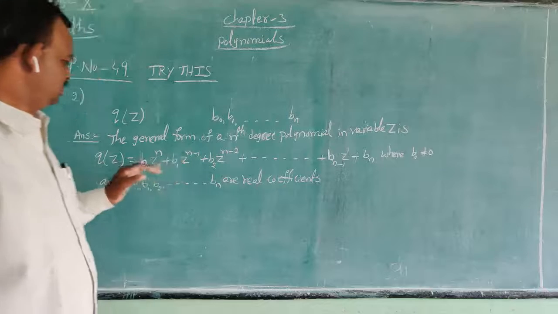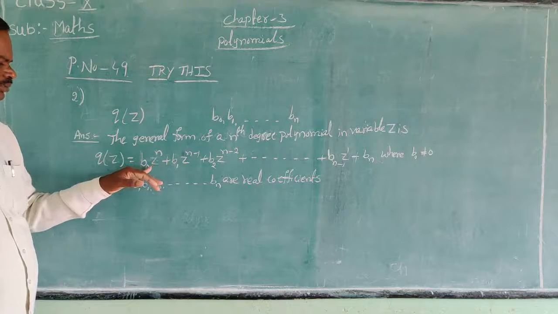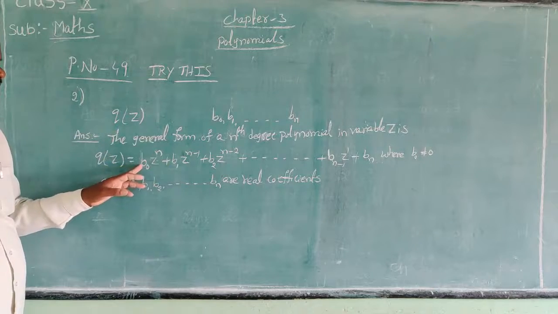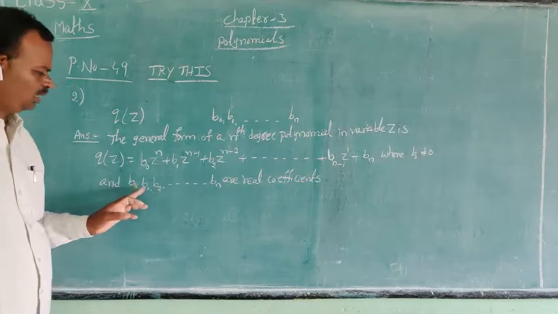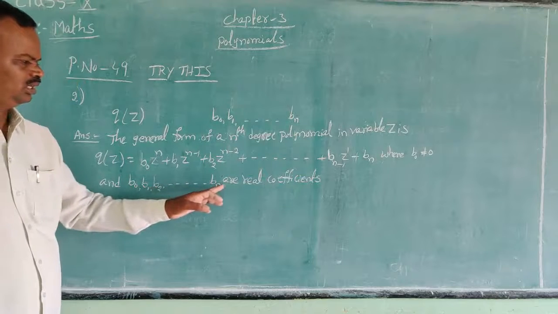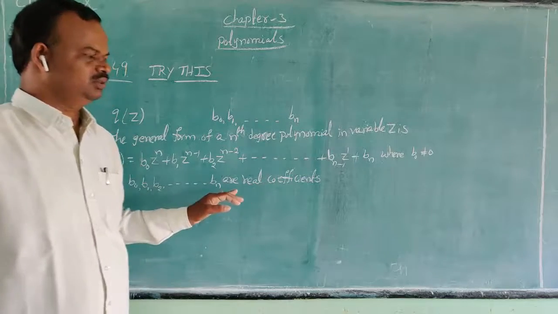The first coefficient is not equal to 0 because it is an nth degree polynomial, and b0, b1, b2 and so on bn are real coefficients. That means they are real numbers.